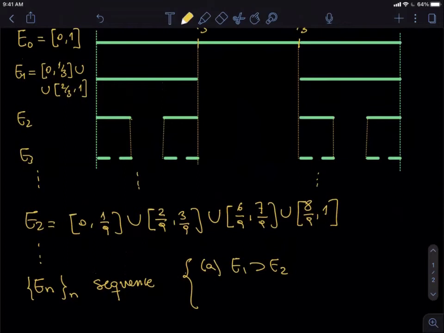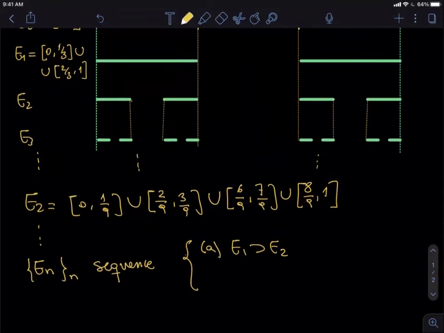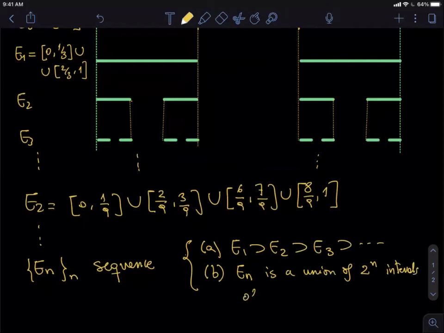You can see from the construction that each set is always contained in the previous one. And then the second is that each of the En is a union of 2 to the n intervals of length 3 to the negative n.